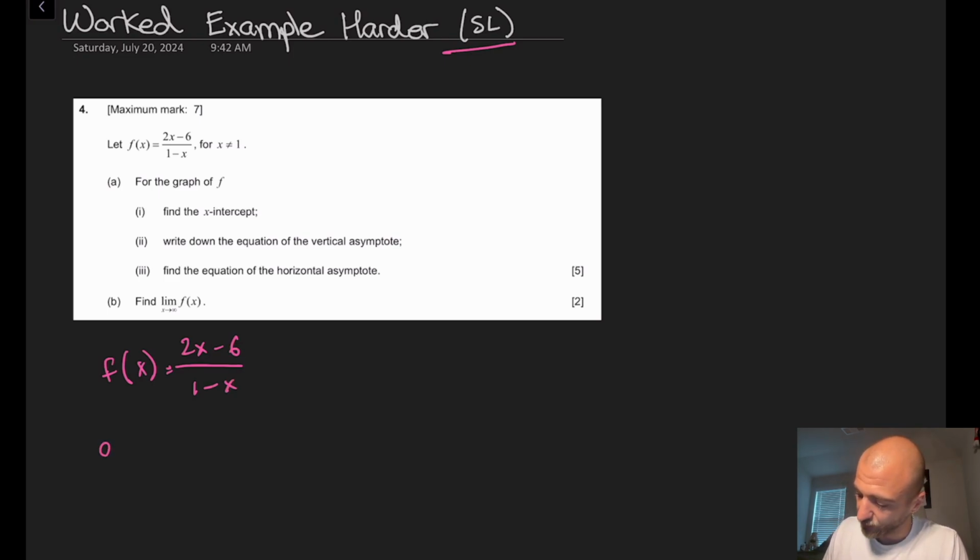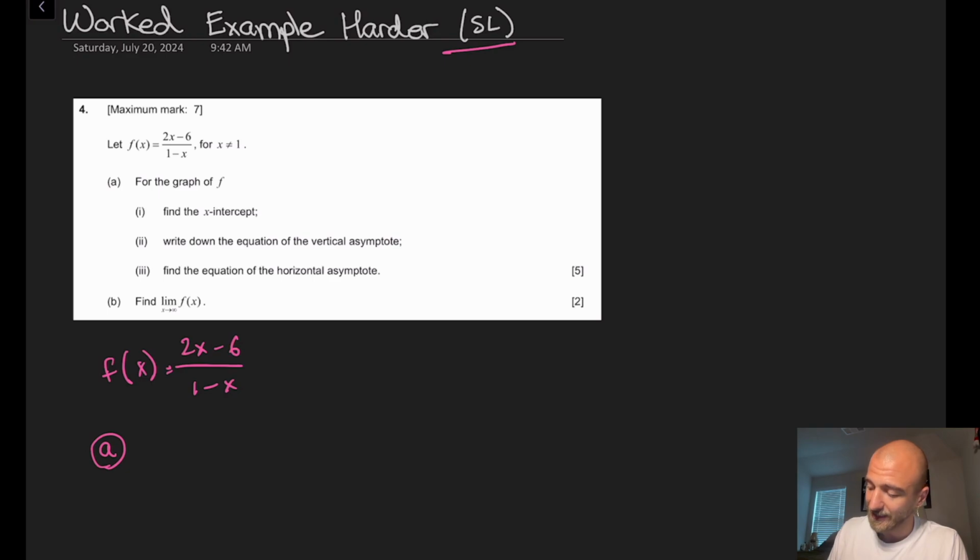For part A, let's start there, and it asks us, for the graph of f, which we haven't seen yet, find the x-intercept. The x-intercept is just another way of saying the root, and that's going to be the case when the y value is equal to 0, right?